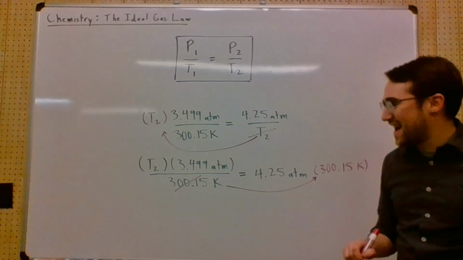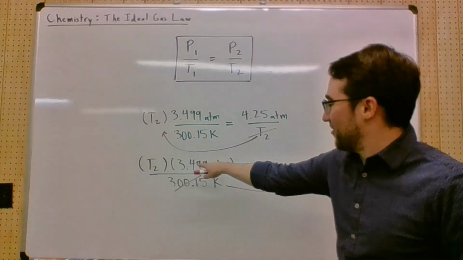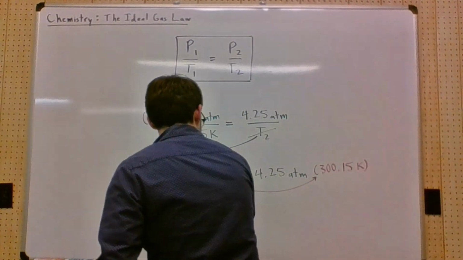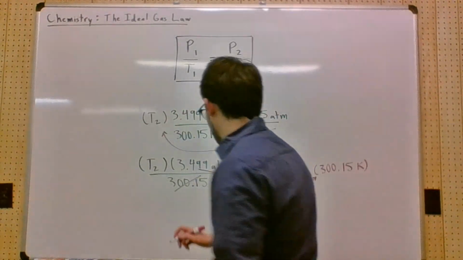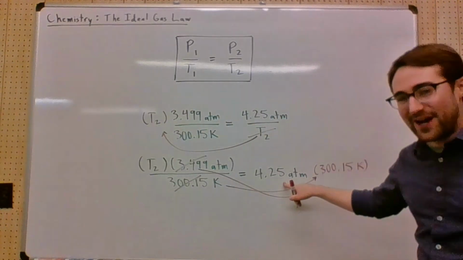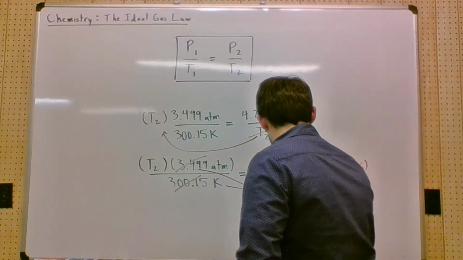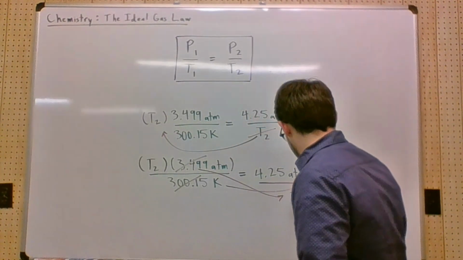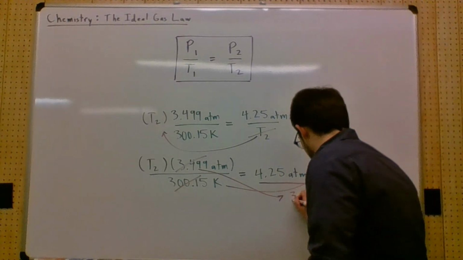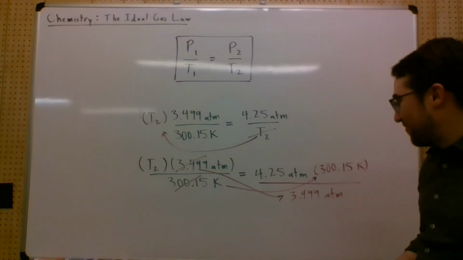This 3.499 is being multiplied, so to get rid of it, I need to divide it. So I'm going to divide it under to the other side. I'm going to take it over that way. Which means I get rid of it over here, and it's now being divided over here. Looks a little messy, but it's way faster. Okay, so those are gone.